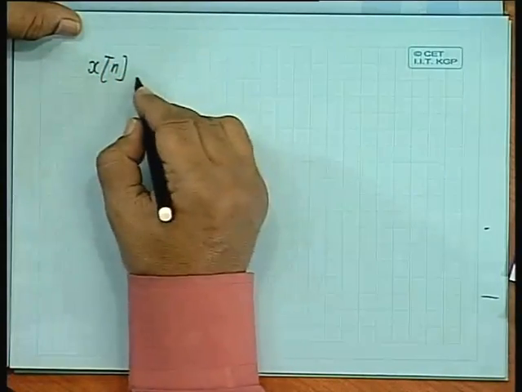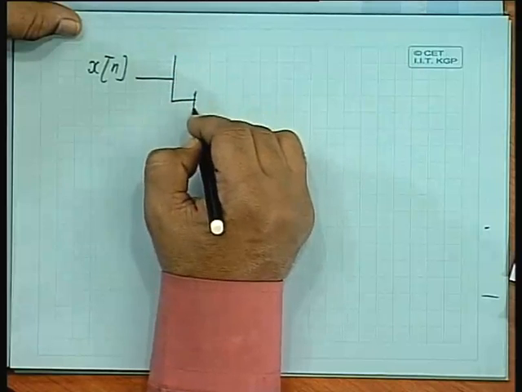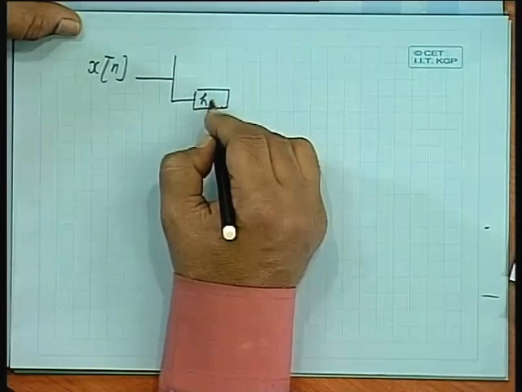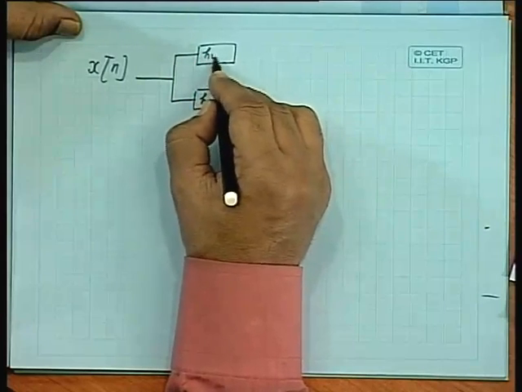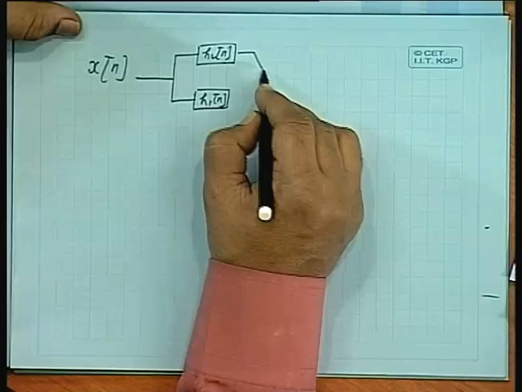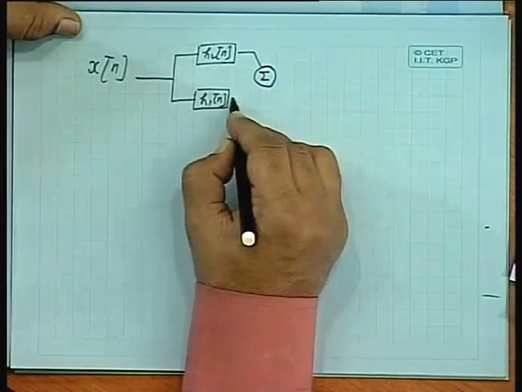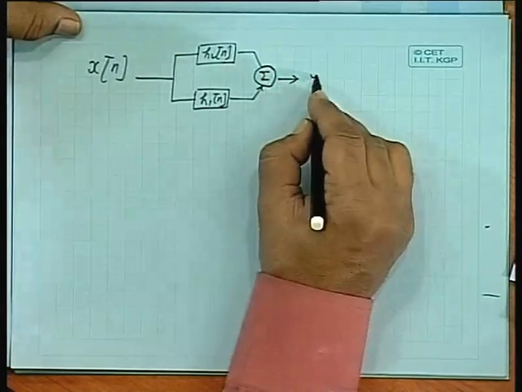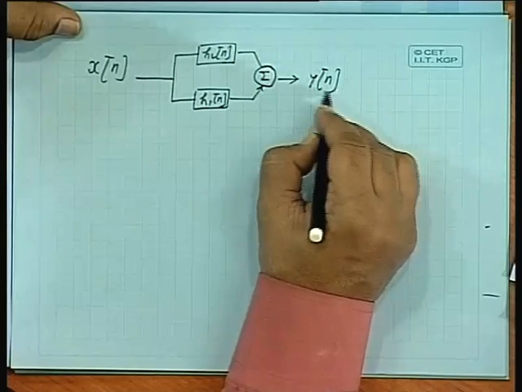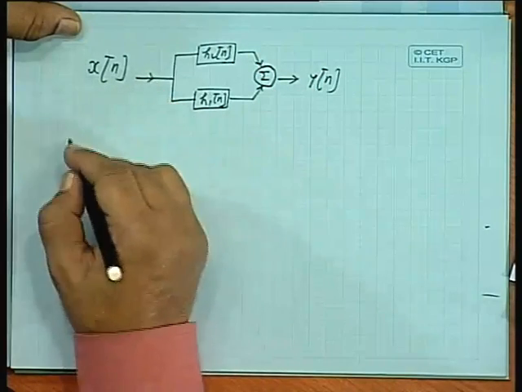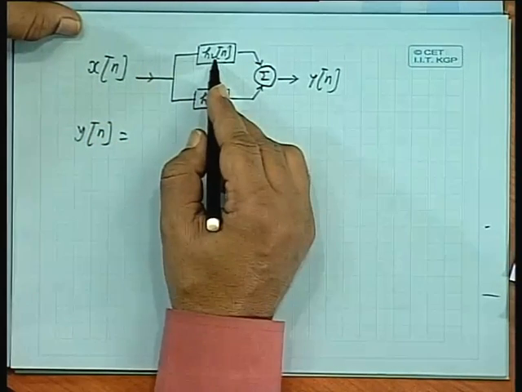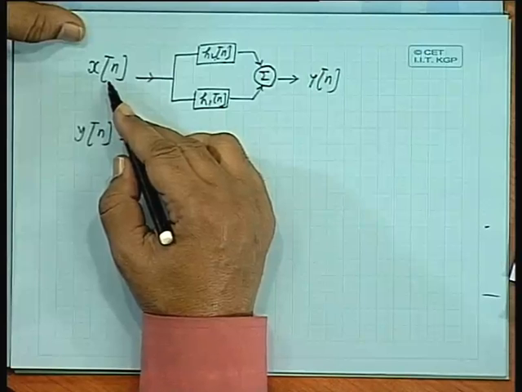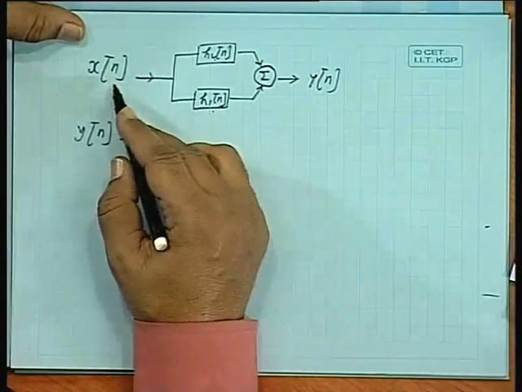If you have h1n, h2n, yn, in this case is h2n convolved with xn plus h1n convolved with xn.